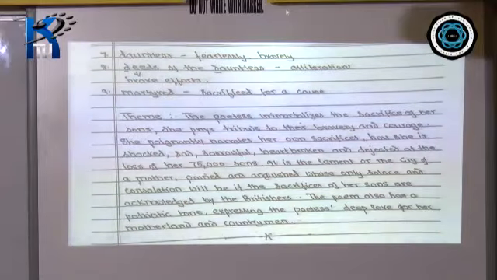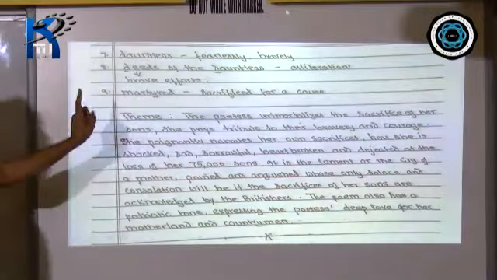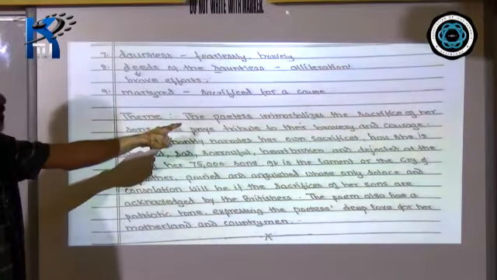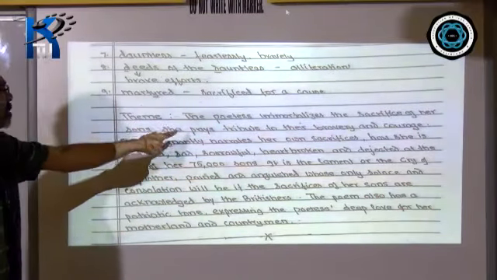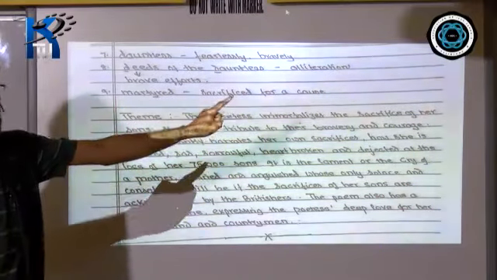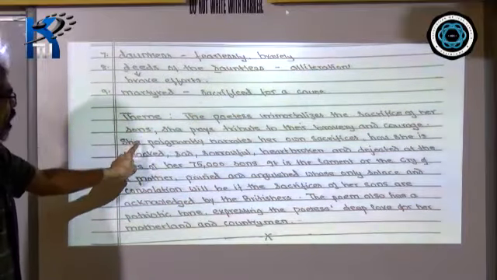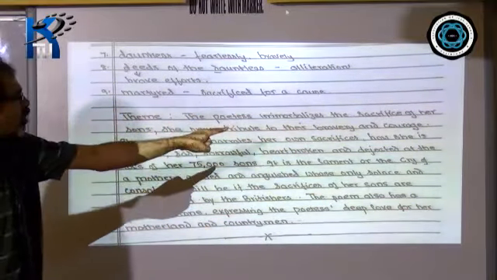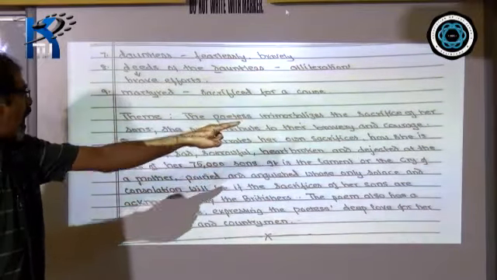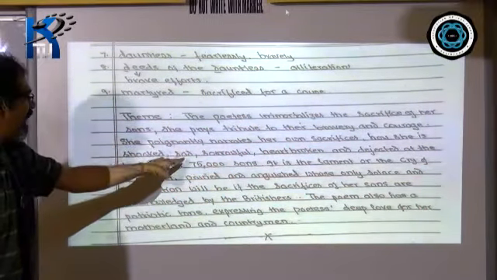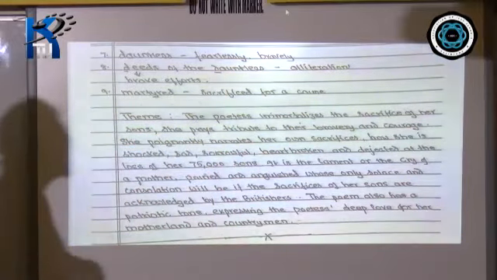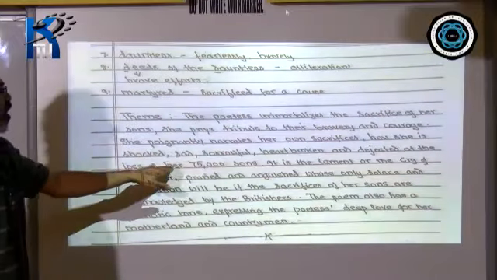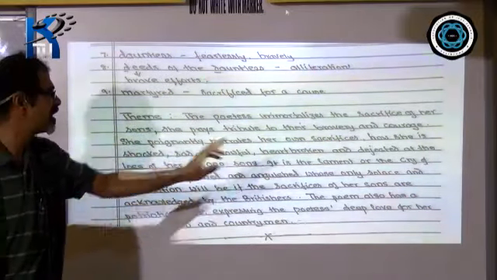Now I come to the theme of the poem. Through this poem, the poetess immortalizes the sacrifice of her sons. She pays tribute to their bravery and courage. She poignantly narrates her own sacrifices, how she is shocked, sad, sorrowful, heartbroken, and dejected, how she is aggrieved at the loss of her 75,000 sons.